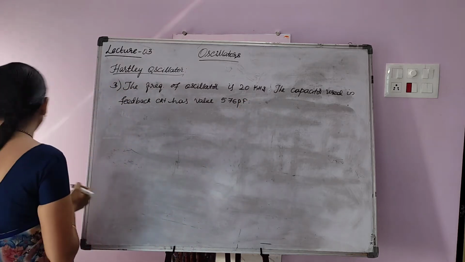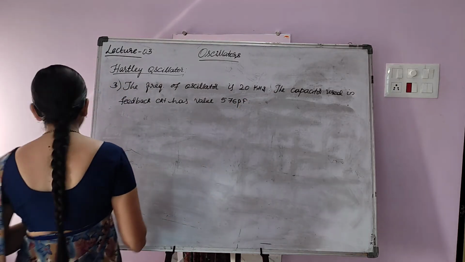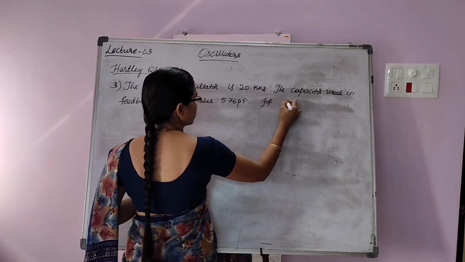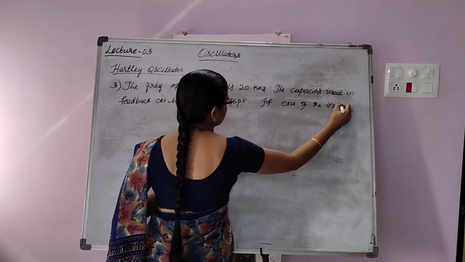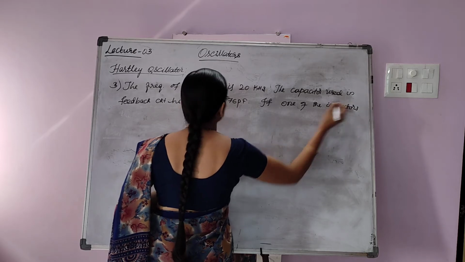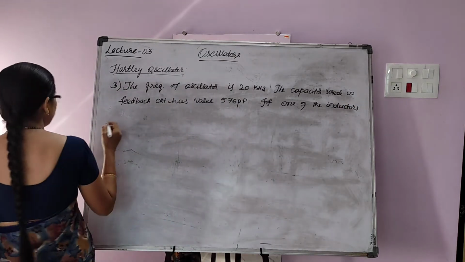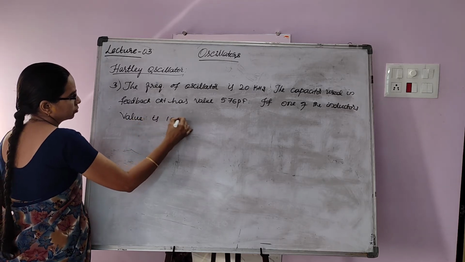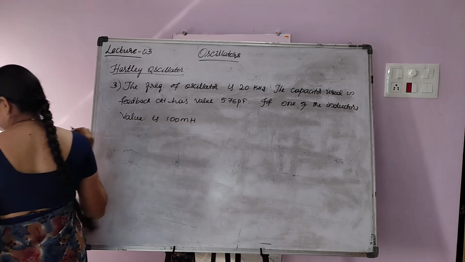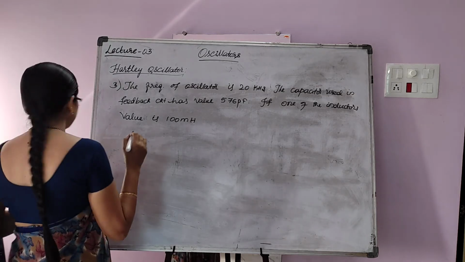Pico in the sense 10 to the power of minus 12. If one of the inductors value is 100 millihenry, calculate the value of the other inductor.